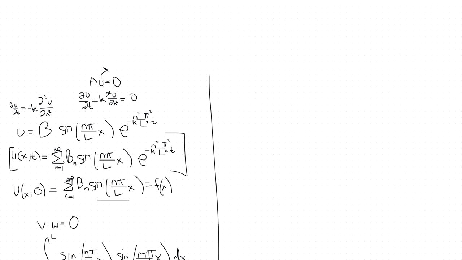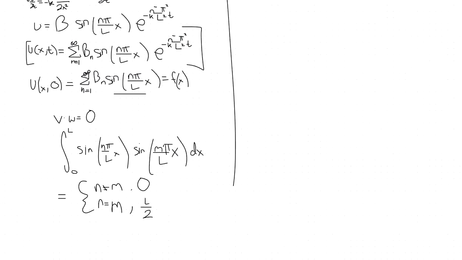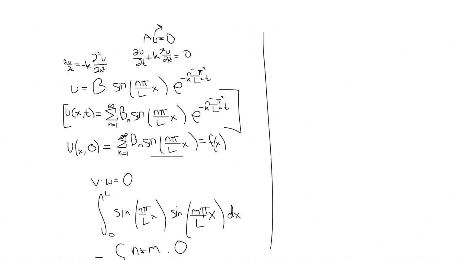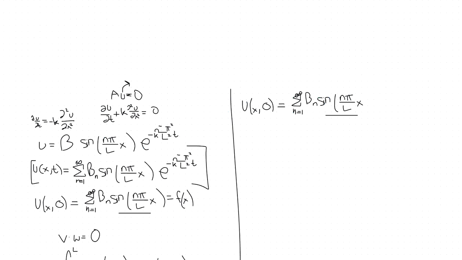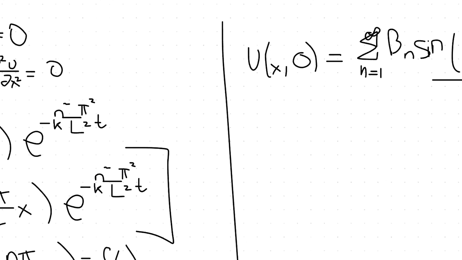So, as we said in the previous line, I'll copy paste it. u of x comma 0, the initial condition, is equal to a summation of coefficient times sine of n pi over L x. Now let's multiply both sides by some arbitrary sine of m pi over L x.